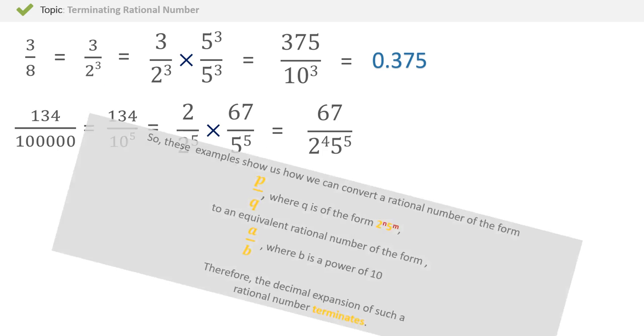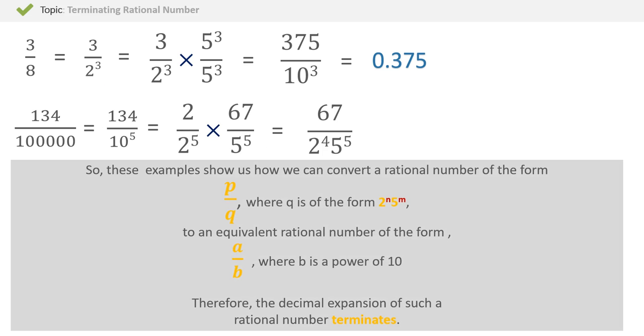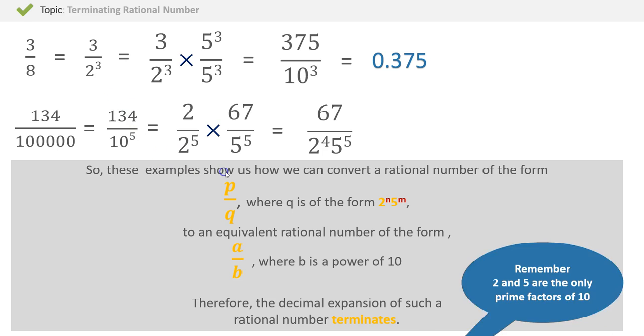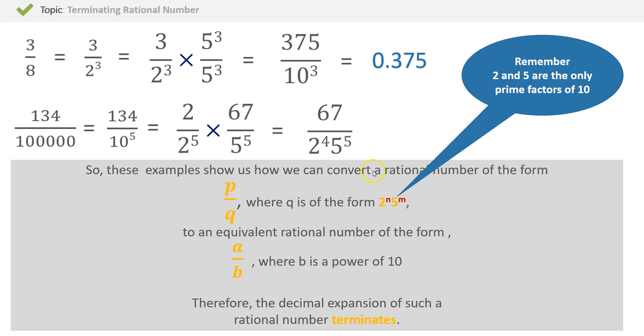Alright, now let's try to get some understanding after looking into these examples, right? These examples show us how we can convert a rational number of the form p by q, where q is of the form 2 to the power n and 5 to the power m, to an equivalent rational number of the form a by b, where b is a power of 10.